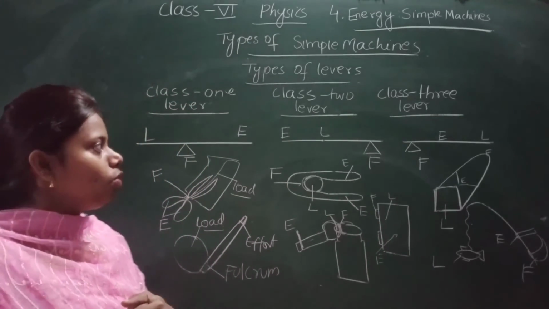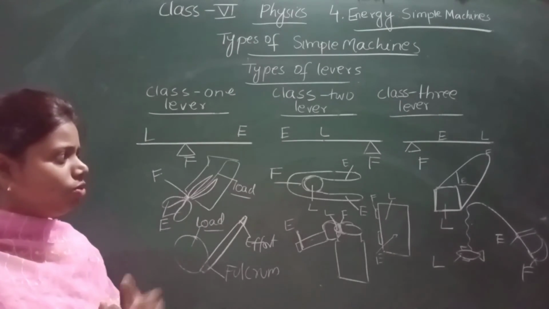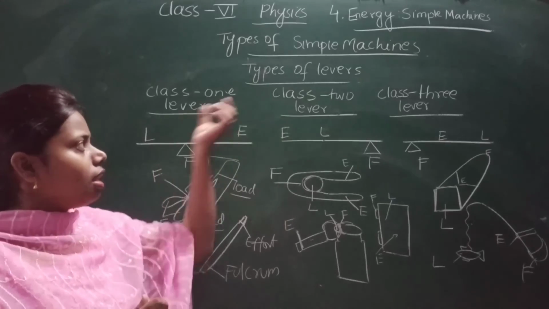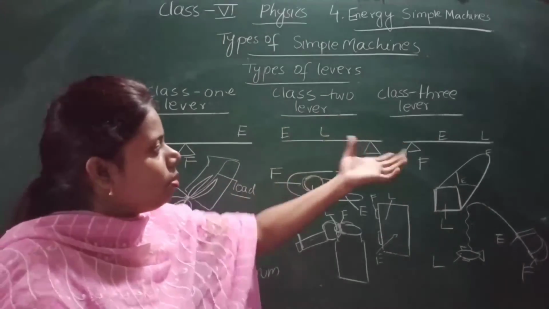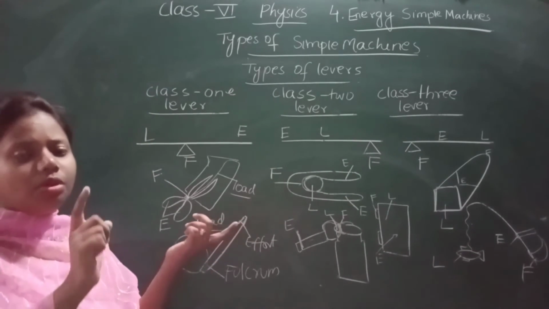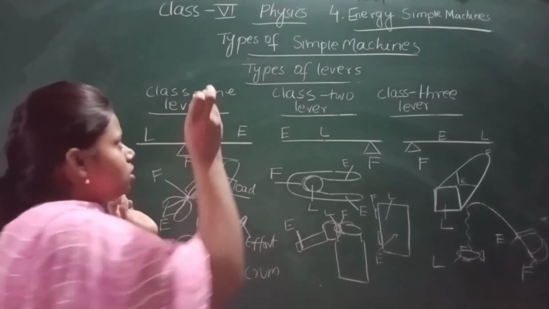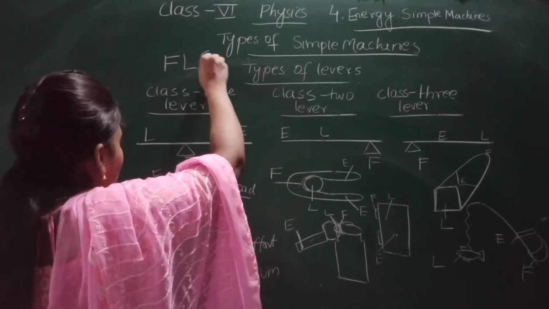So for today I have taught you about the types of lever, and I have told you that in class 1 fulcrum will be in the middle, class 2 lever, load will be in the middle, class 3, effort will be in the middle. So sometimes you might get confused about which lever has what in the middle. So what you can do is a simple thing you can learn: F-L-E, flee.